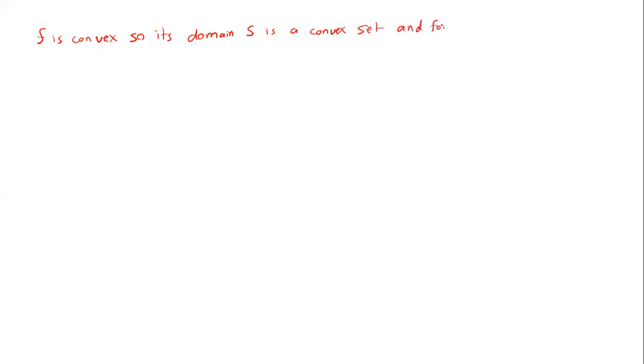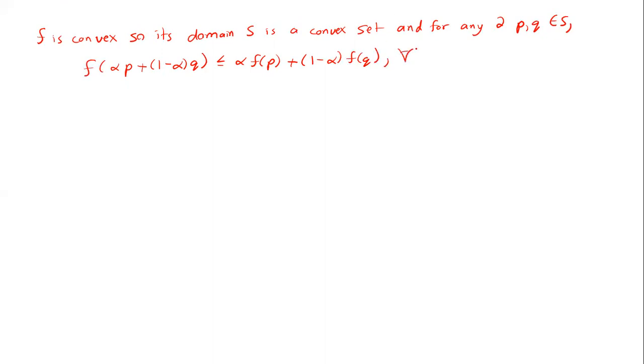And for any two vectors p and q contained in S, we should get that f of alpha p plus 1 minus alpha q is less than or equal to alpha f of p plus 1 minus alpha f of q for all alpha contained in 0 to 1. And so this is just a general statement about convexity.